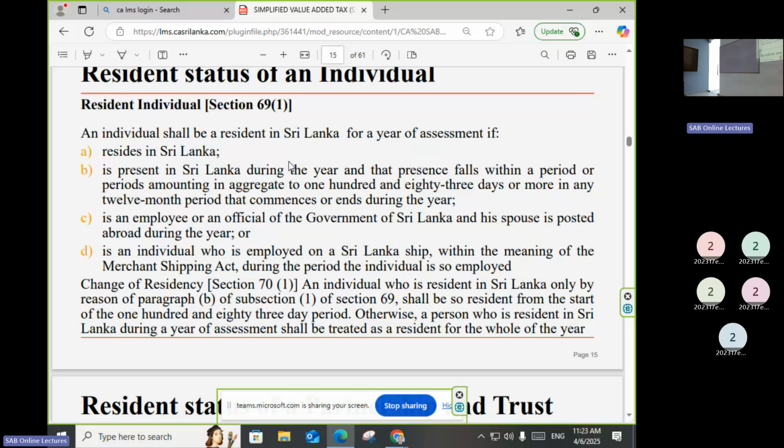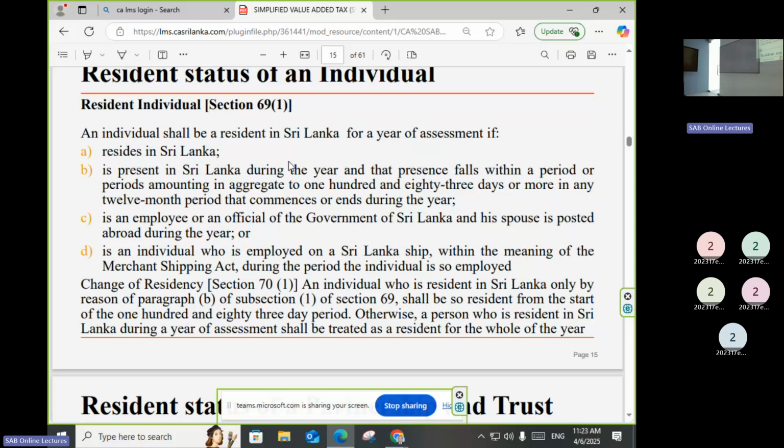180 days means how long? Per year, how many days? 365 or 366. So 183 means how much? Half.